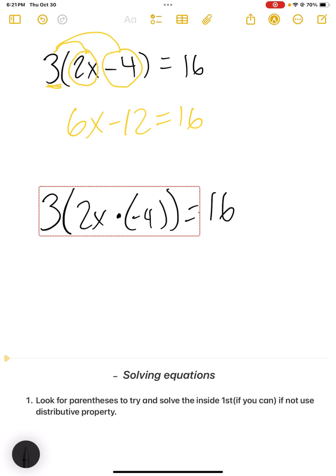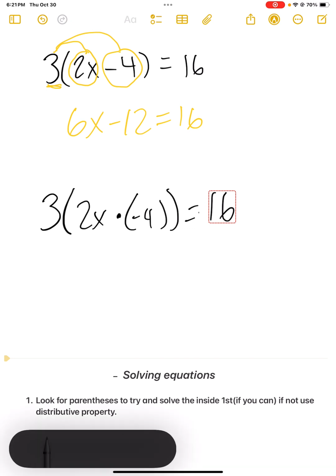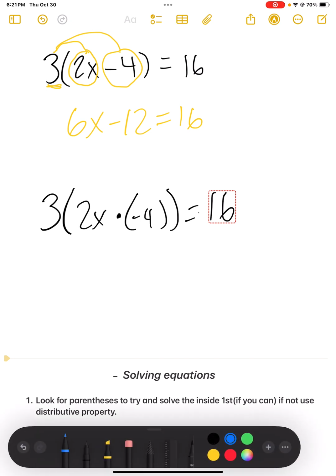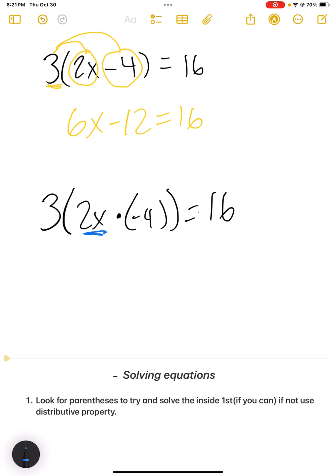equals 16. Once again we are trying to solve for x, so we go to the parentheses first, and this time we have 2x being multiplied by negative 4. Earlier I told you that you cannot add or subtract a regular number, which is called a constant, and a variable with a coefficient.